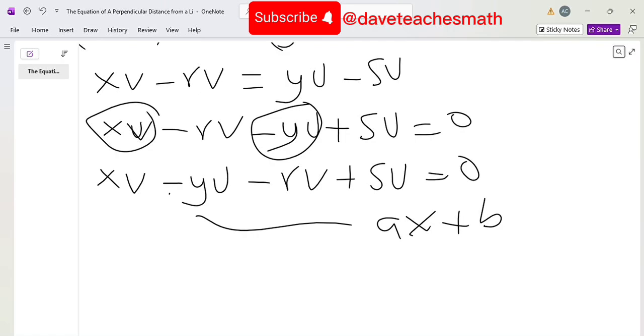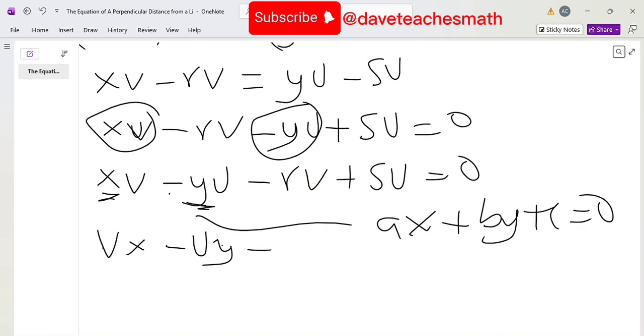ax + by + c = 0. So we have our x here, we have our y here. So we can arrange it well and say vx - uy - rv + su = 0.